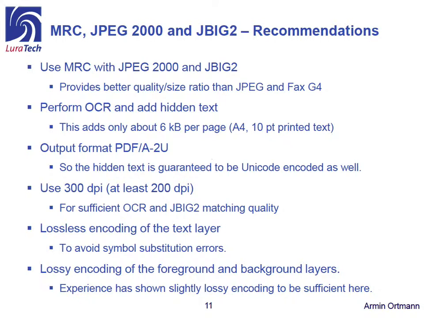We have rare cases where the symbol matching makes kind of dubious decisions. Classic effects are that a 0 becomes substituted by an O, or for example, in certain fonts, the letter l, the small l, is very similar to the printed digit 1.